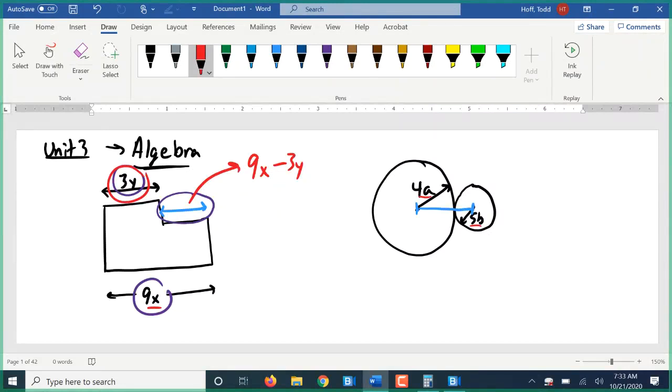With the variables, I'm going to do the same thing. It's just 4a plus 5b. In both of these cases, all it was a matter of putting the two things together and putting in the appropriate operation. There was nothing that can be combined.